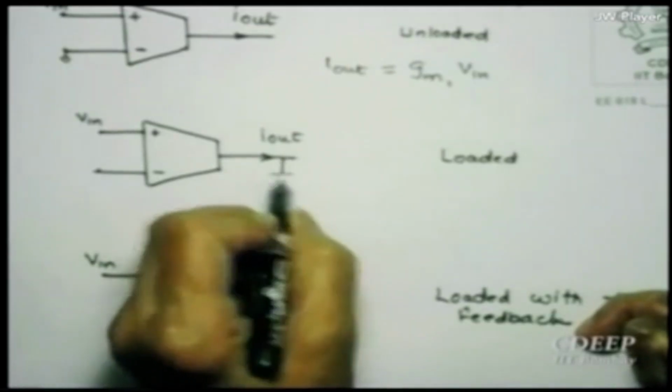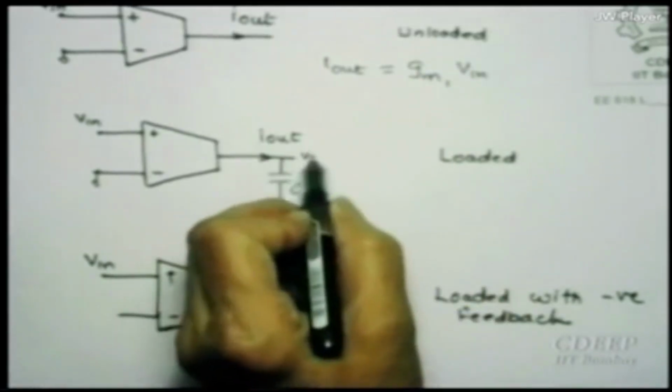Now if this is the system, I load it by a capacitor C. I can load this I out of the OTA, of course these are still grounded. Of course I may remove the ground soon, but right now I kept it.